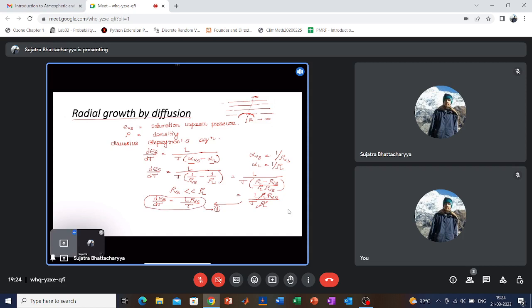Fine. Now the saturation vapor pressure will be equal to rho Vs Rv into T according to the ideal gas equation.